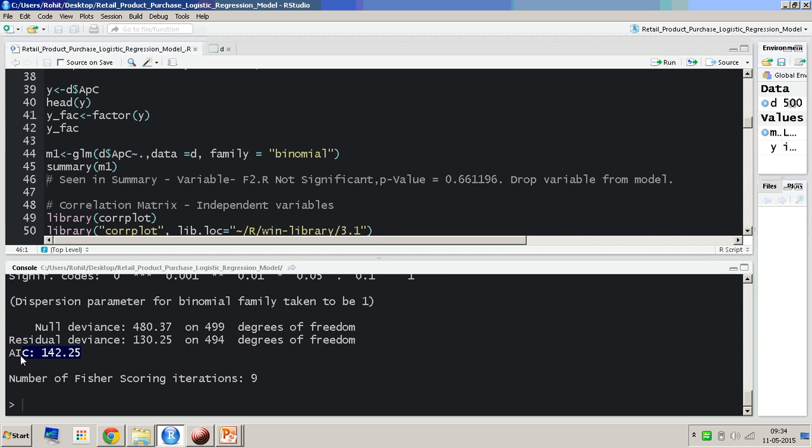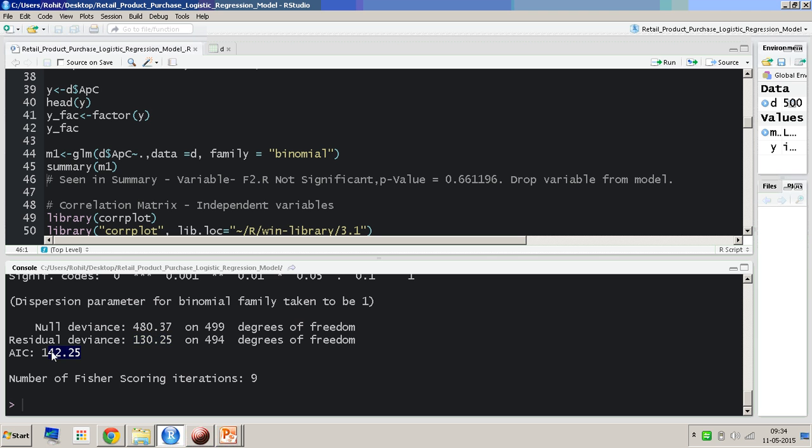And then we have the Akaike information criterion coefficient. The AIC has got a certain relationship with the residual deviance, which is mentioned over here, but I might not cover that here.